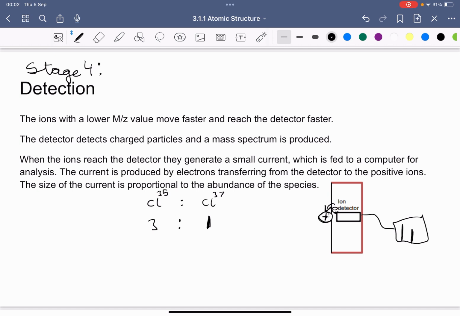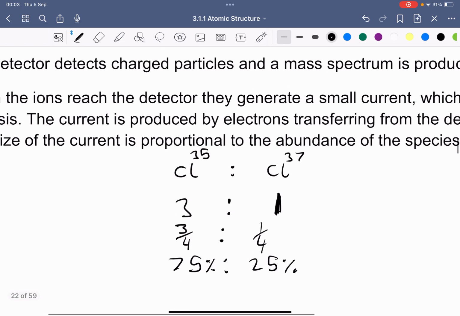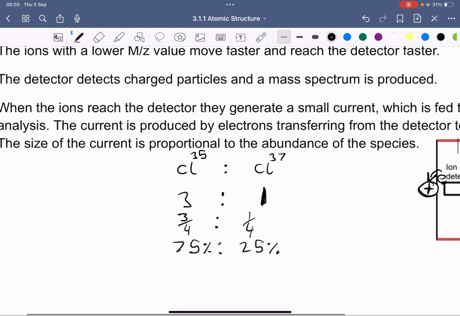Now, from this, we can tell that chlorine 35 is 3/4 of the chlorine, also known as 75%. And that's how scientists work out the percentages. Okay, so they look at the size of the current produced. So since chlorine 35 produces a current 3 times bigger than chlorine 37, we can work out the abundances.